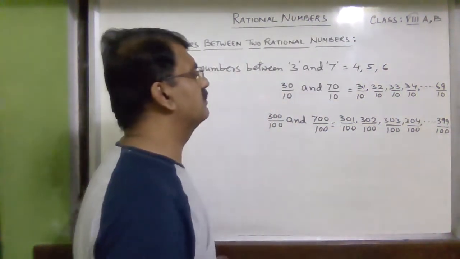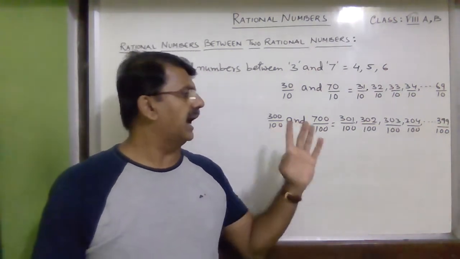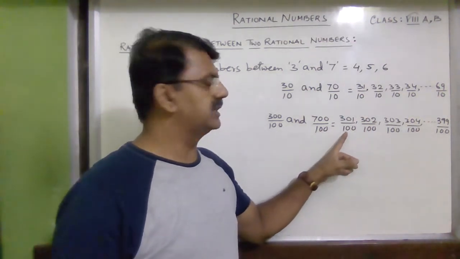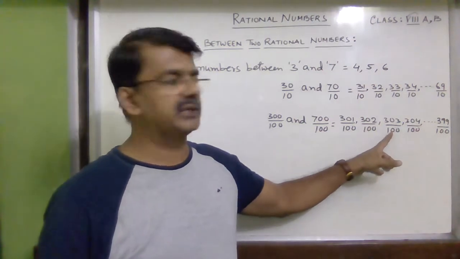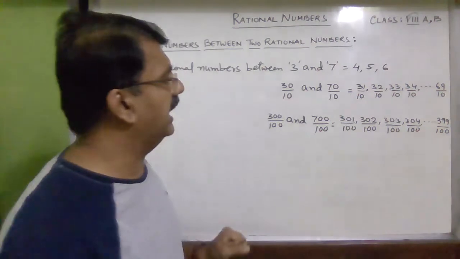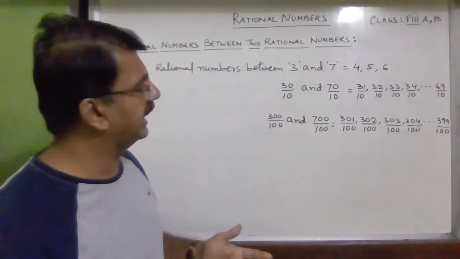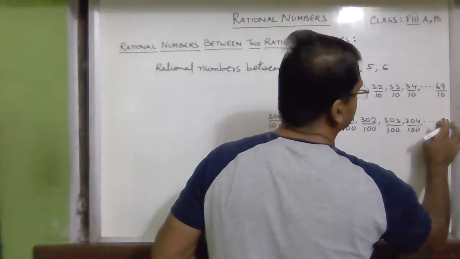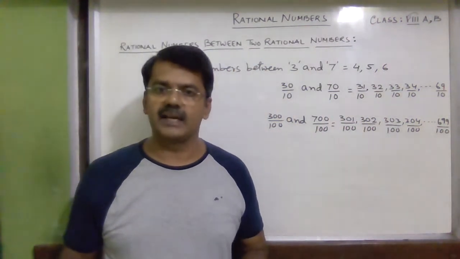Now all these numbers are again in the p upon q form, and so they all are rational numbers. You see it is 3.01, 3.02, 3.03, 3.04, 3.05 and so on. At the end we have 6.99. Is it clear?